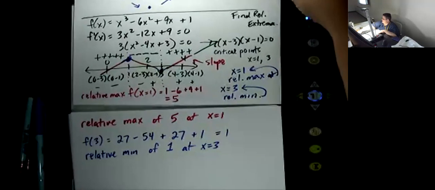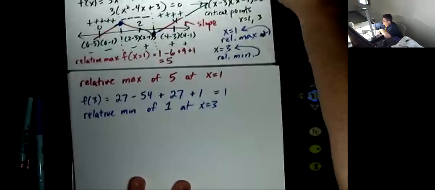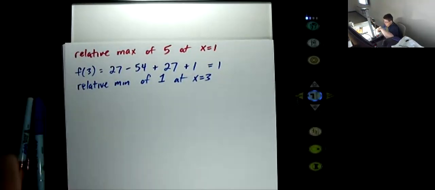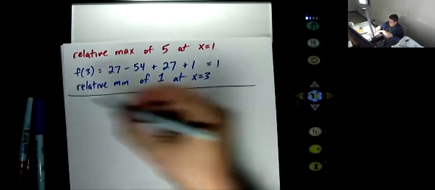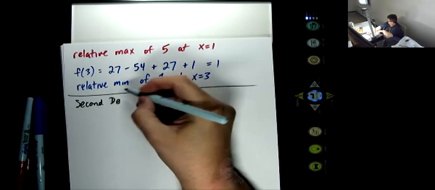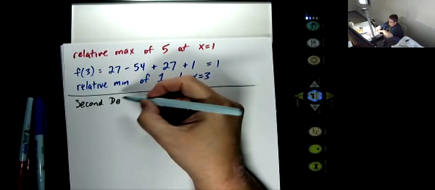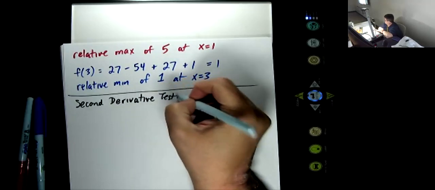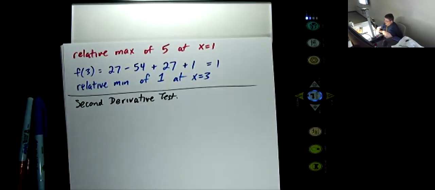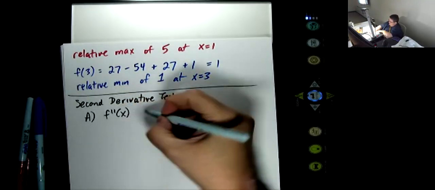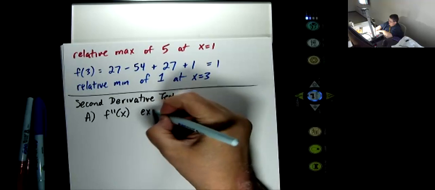So looking at this, we can actually take advantage of concavity. This is called the second derivative test. We need f double prime of x to exist.